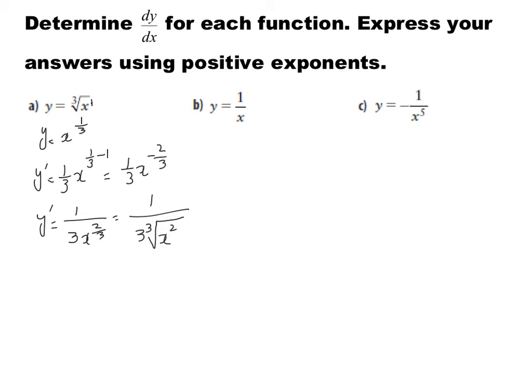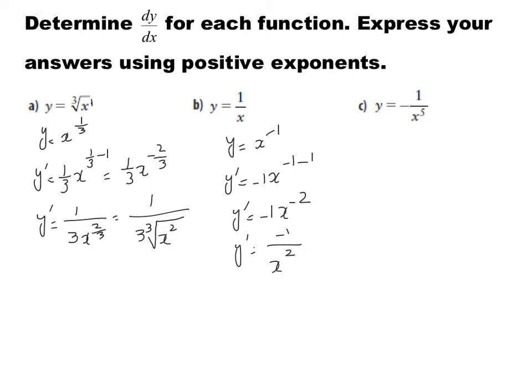The next one, I can write this one as y is equal to x exponent negative 1. And then I can write y prime is negative 1 x exponent negative 1 minus 1. Y prime is negative 1 x exponent negative 2, which is negative 1 over x squared.